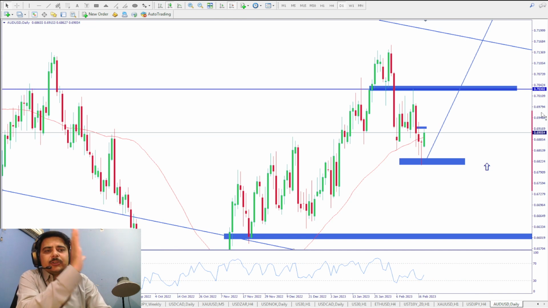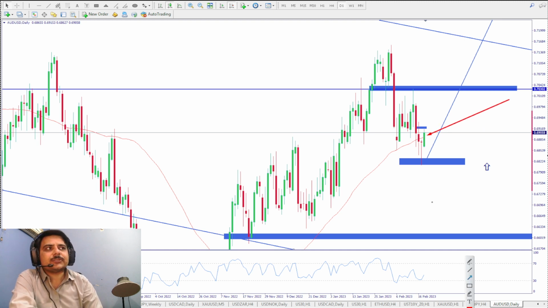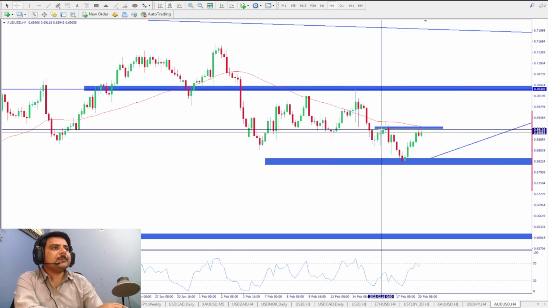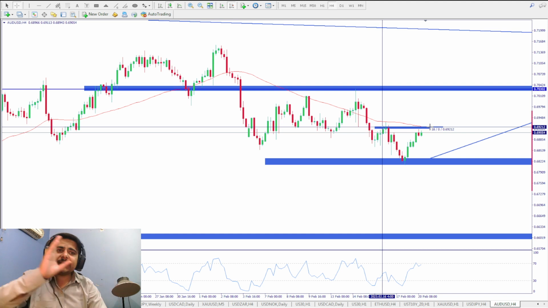If I tell you honestly, I will not be able to say anything for sure unless this candle closes. Not for that big trade setup, okay? For this particular trade setup, this one, because here most of the traders will be taking sell trades.